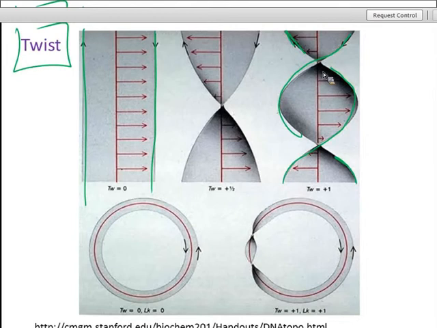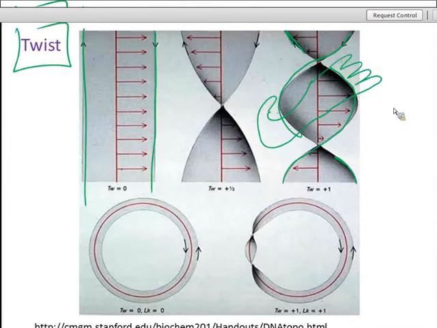Your fingers would run parallel to here as you go around, with your thumb over on that side. So your DNA does have nice right-handed twists, normally speaking.